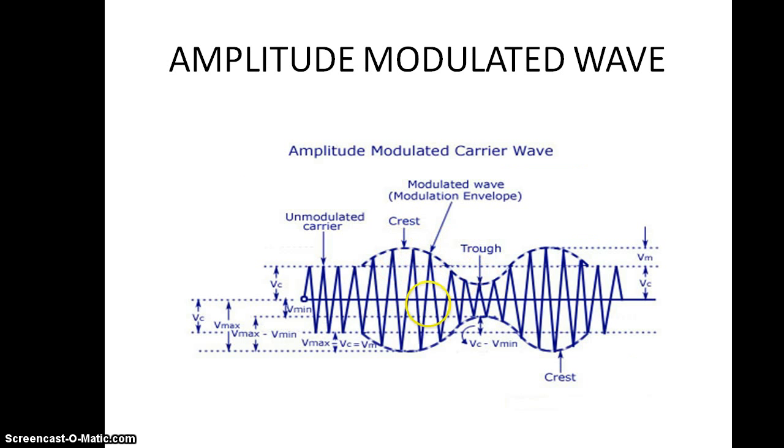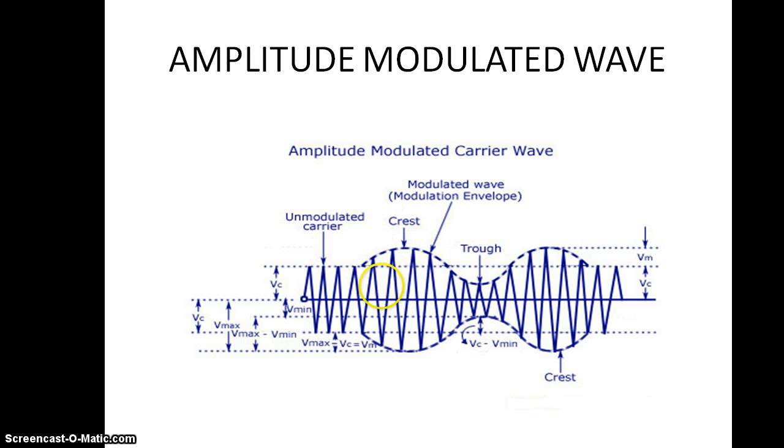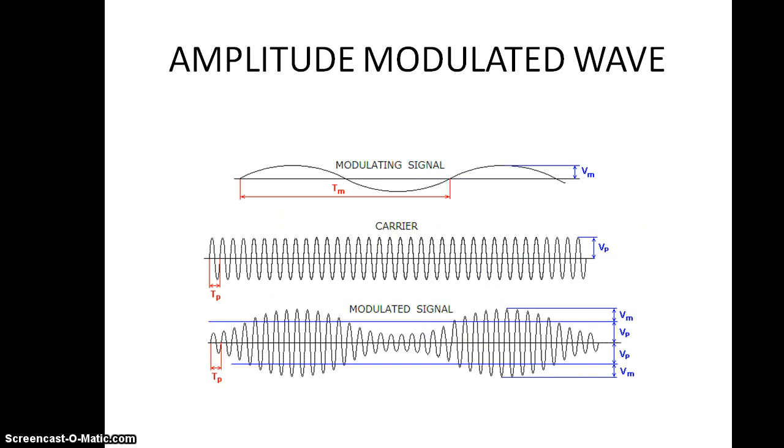So this is an unmodulated carrier, and we have crest and trough. Crest is the maximum amplitude point, trough is the minimum amplitude point, and along with this we have the carrier signal. So VC, V minimum, V max are very essential when we calculate the modulation index. So this is the amplitude modulated wave.